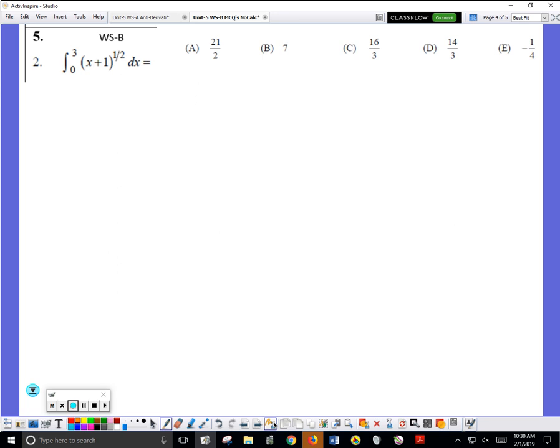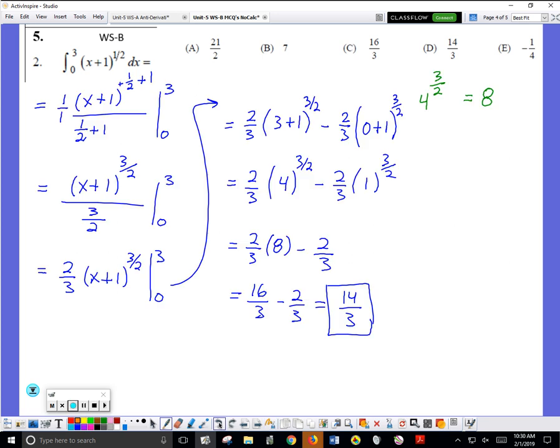Okay, so top 3 goes with this. The number 5 is on the board, the 2 is the square. How did you do 4 to the 3 halves? Oh, gotcha, yeah. Okay, right here.